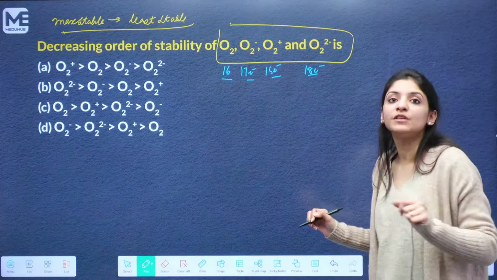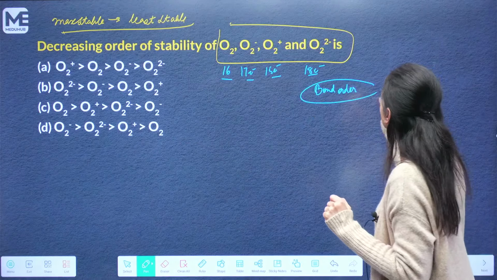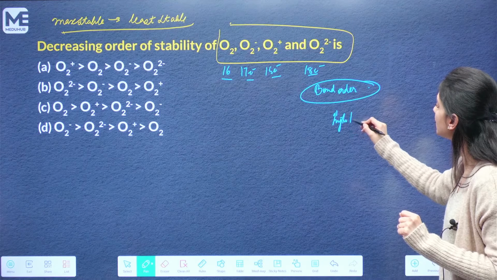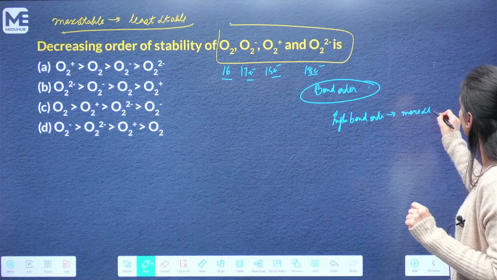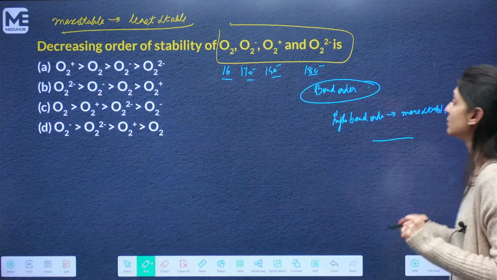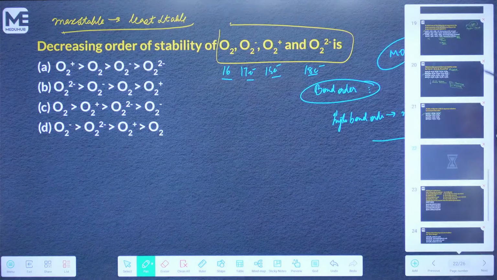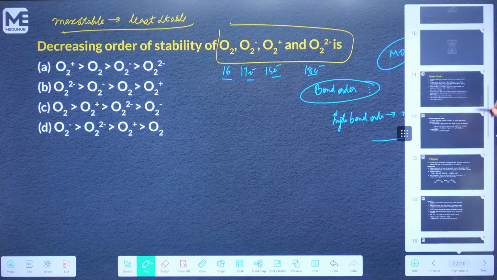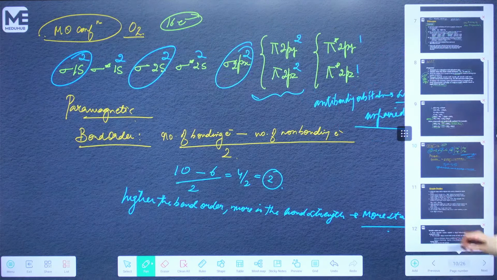And for each of these species, you calculate the bond order. Higher bond order would mean more stable. So that is how you find out which one of these species is more stable. So you calculate the bond order using the MO theory. All right. So this is how we do it.